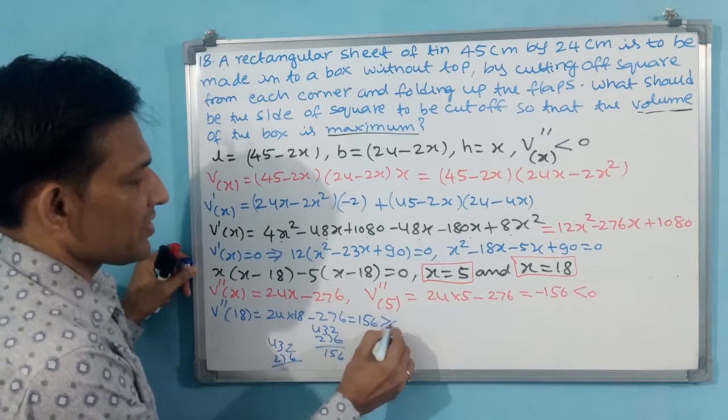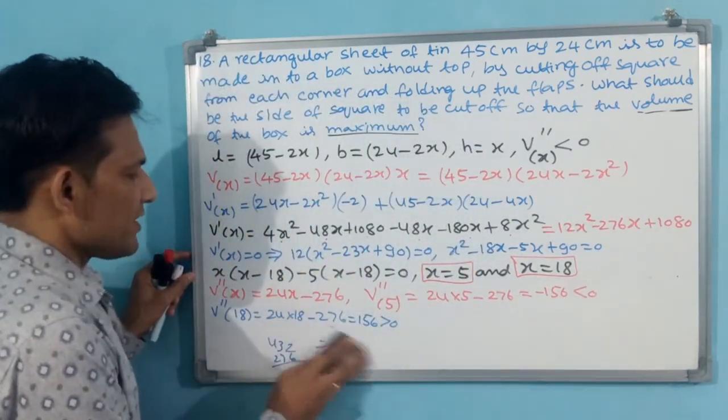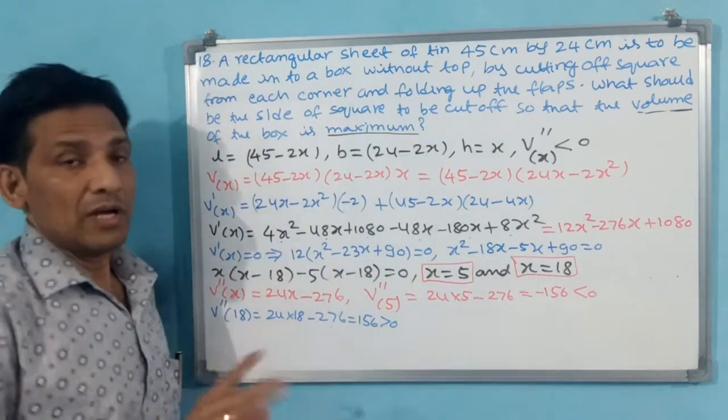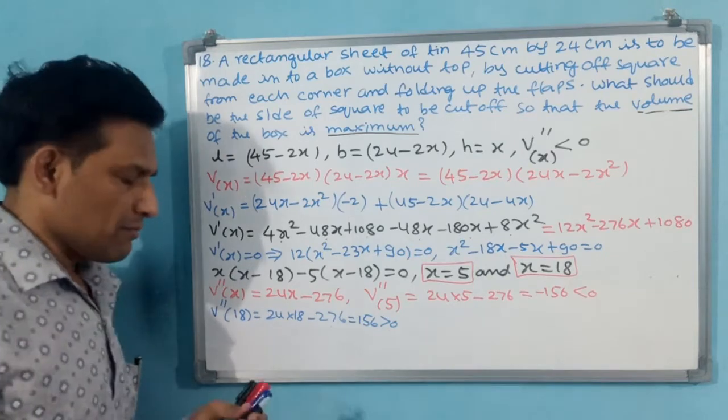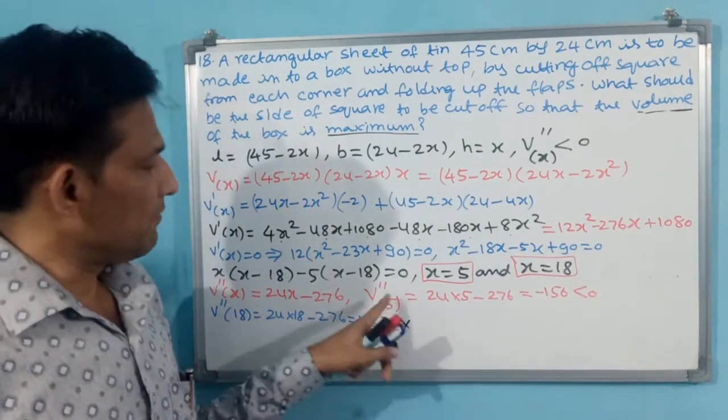This is plus 156, greater than 0. But double derivative greater than 0 means minimum value. We don't require this. See how I am cross marking it. Then what will be the answer? x is 5.